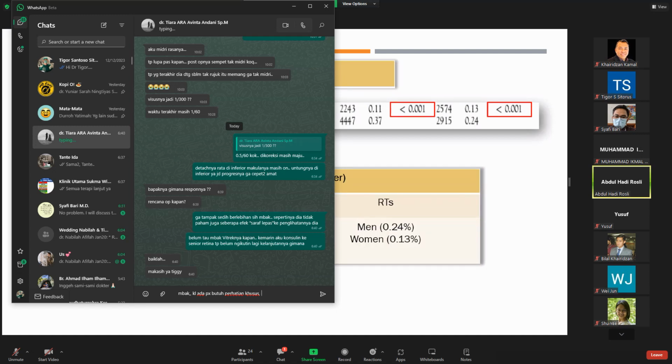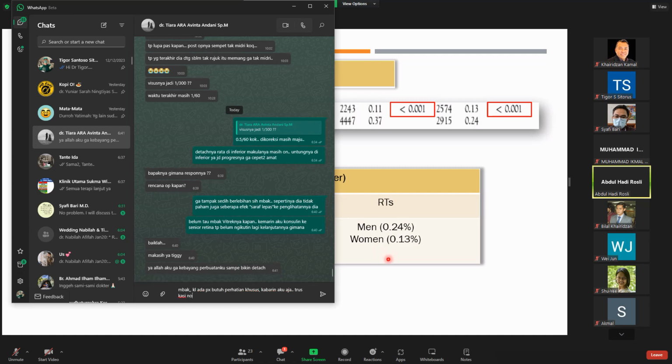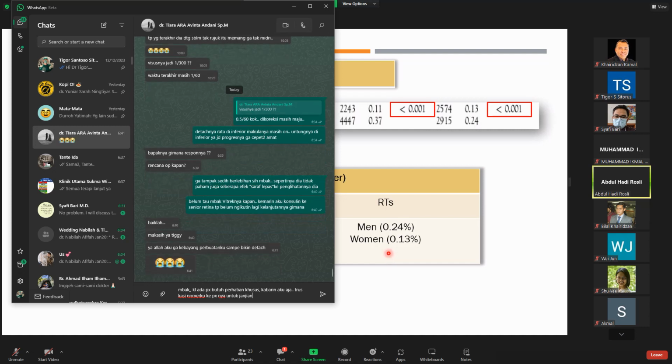The men's incidence rate was about 0.27%, compared to women at 0.11%. For retinal tear, men also had a higher risk, 0.24 for men and 0.13 for women. And this association was also significant.